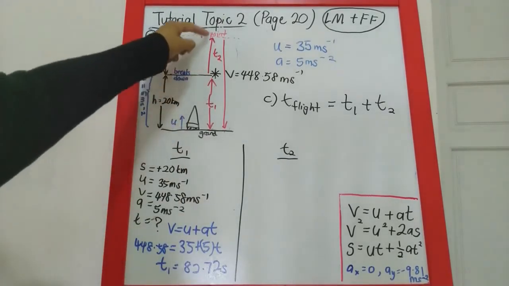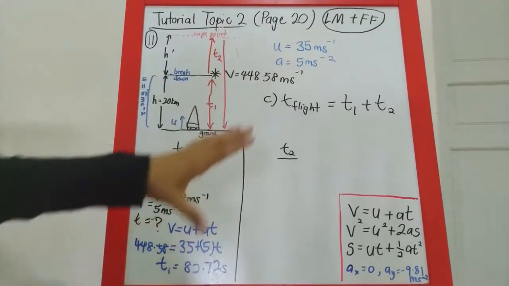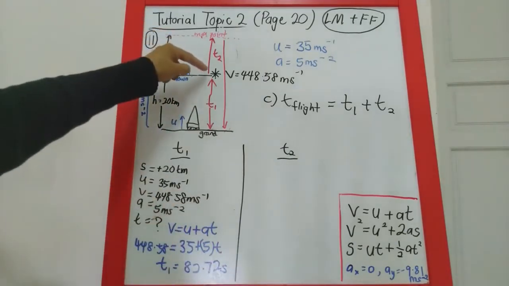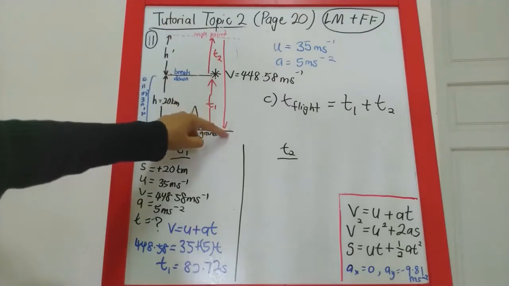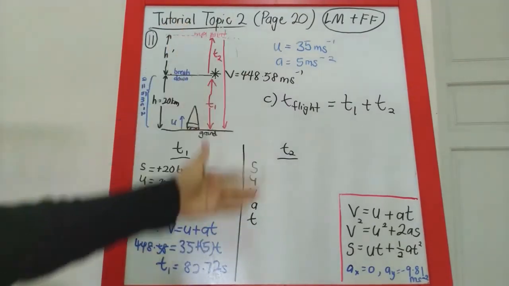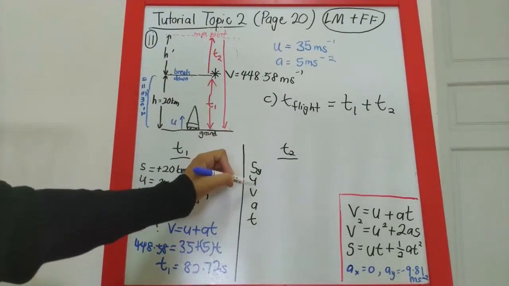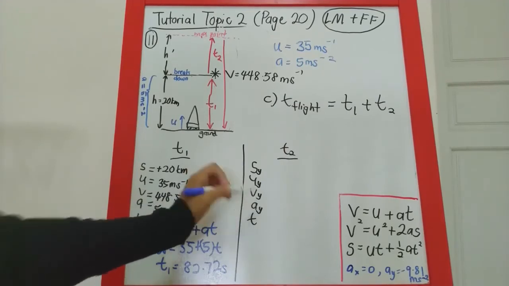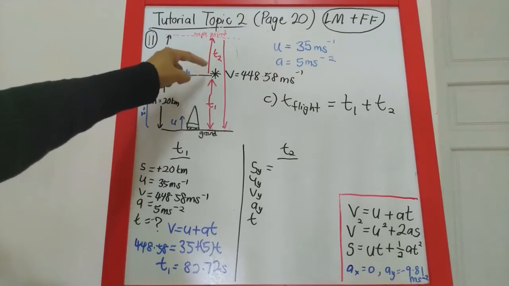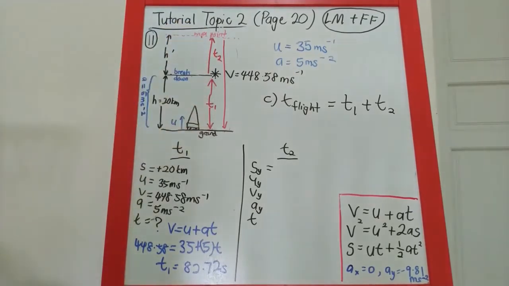Now we want to find T2. As I mentioned before, you can find this time first and then find this one. But it's much easier if you find the time from here up to here. So let's do the SUVAT analysis. Since you are doing free fall, please write down the component. Free fall only has Y component, so label Y. Okay, look closely. T2 is the time to move from here up and then go back down.